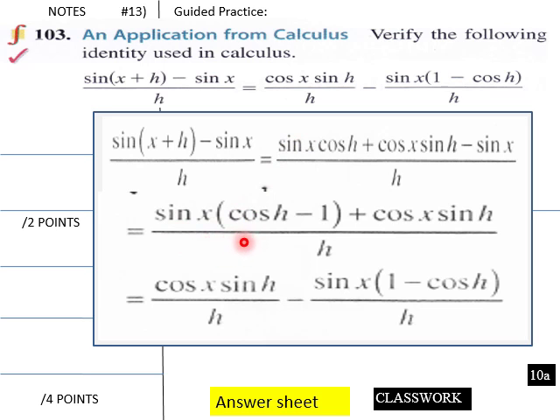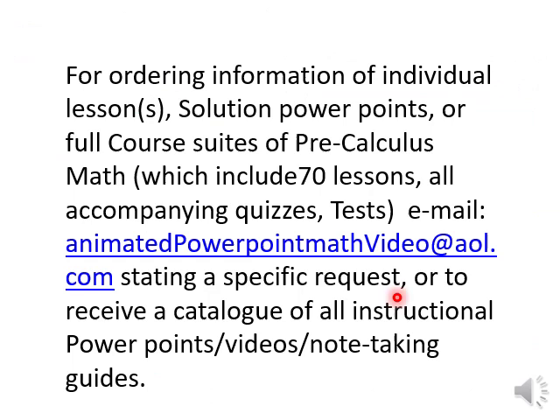When we further simplify, we factor out a cosine h minus 1 on this side, and over here we have cosine x sine h over h. We can separate this out into cosine x sine h over h minus sine x times 1 minus cosine h over h. And that is your 5.4 part 2.